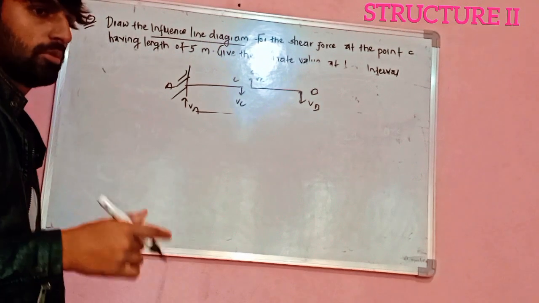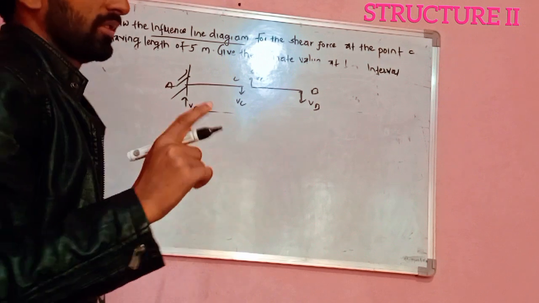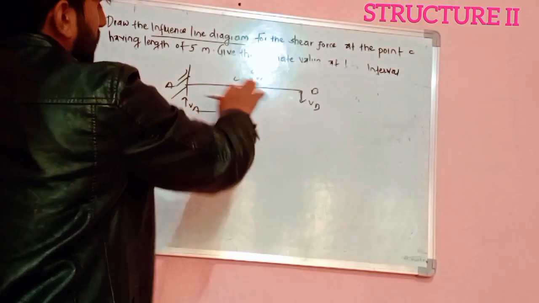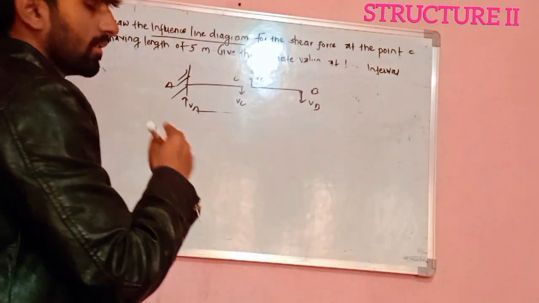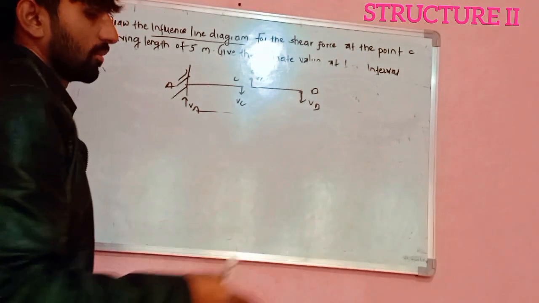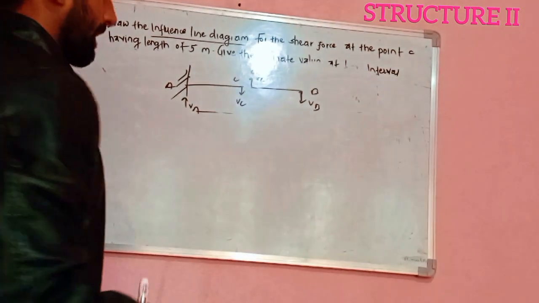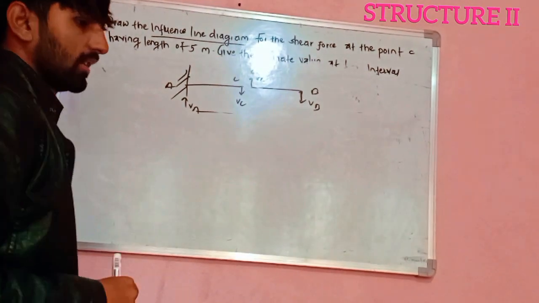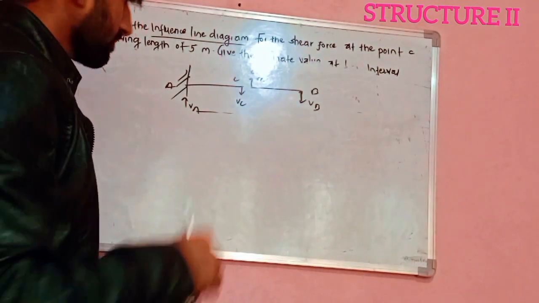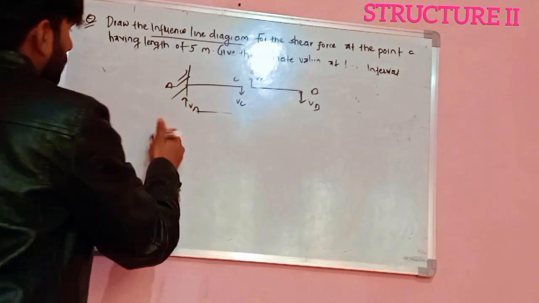If you have studied shear force earlier, how does shear force act in a beam? It acts in this way: the left portion upward and the right portion downward, or the left portion downward and the right portion upward. And if you join them, they cancel each other. So this is how the shear force looks if you divide the beam into two sections.